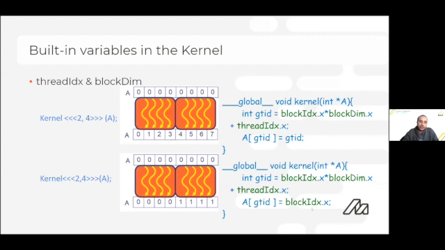So if you want to update it as the block ID, because each of these threads have the same block ID, these 4 threads belong to block 0, so their block ID would be 0. You can see these are initialized to 0. These belong to block 1, so their block ID would be 1, so they are initialized to 1. So that's simple.